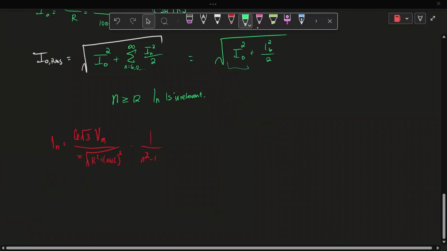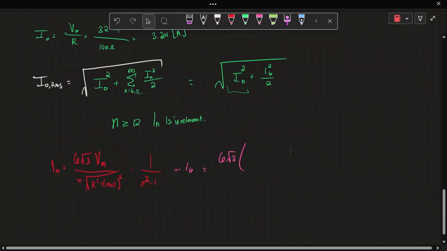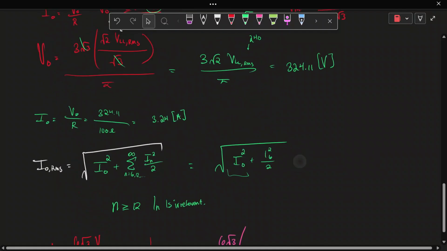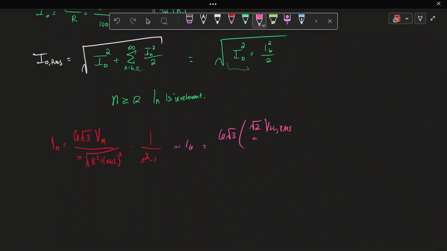All right, now that we have the equation, we can then plug in our values, right? So we want I6. So for every n, we're going to be plugging in 6. This is going to be equal to 6 square roots of 3. And remember, we don't have Vm. We have VLL RMS. So let's plug in that equation: square root of 2, VLL RMS, divided by square root of 3, divided by pi times the magnitude of our impedance.